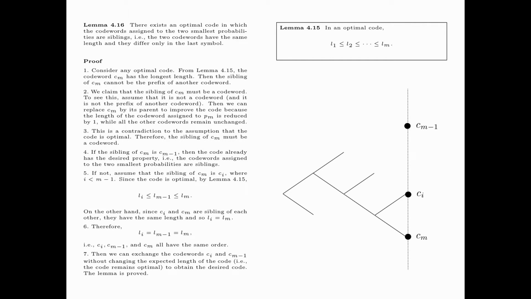Then we can exchange the code words c_i and c_{m-1} without changing the expected length of the code. That is, the code remains optimal. To obtain the desired code, c_m and c_{m-1} are siblings of each other. The lemma is proved.